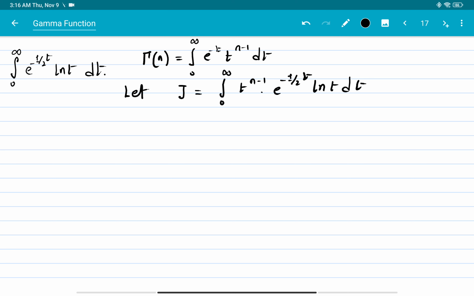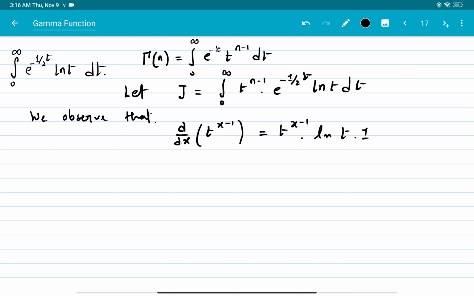We observe one thing. What we can observe is that d/dx of t to the power x minus 1 is t to the power x minus 1 times natural log of t times 1, which is t to the power x minus 1 natural log of t, right?